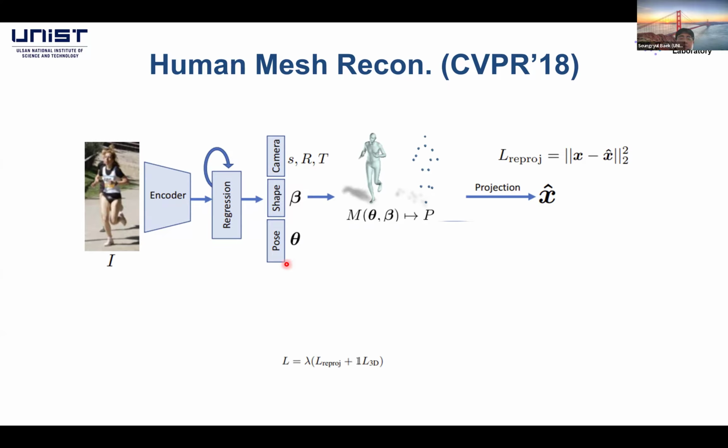We actually want to get these five intermediate parameters from the RGB image I, and we want to train this network to properly estimate the SRT, beta, and theta. Beta and theta are the shape and pose parameters, respectively, right?